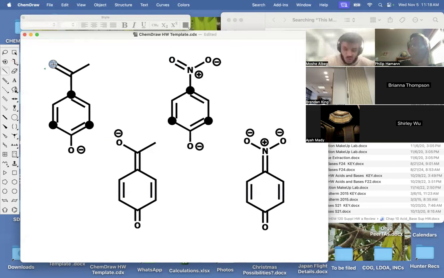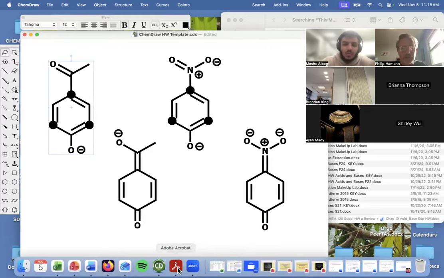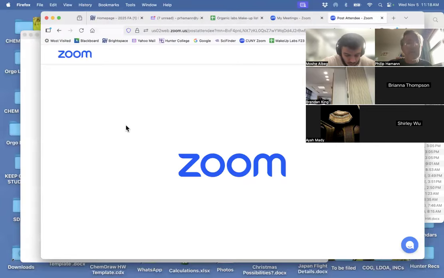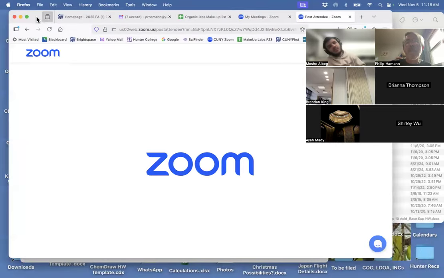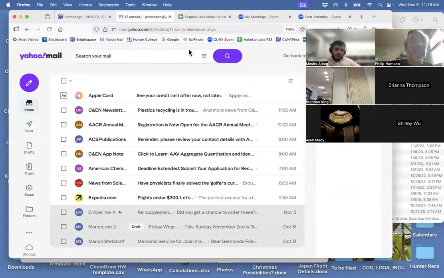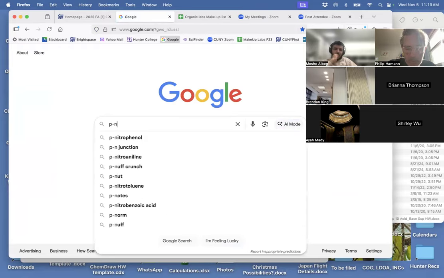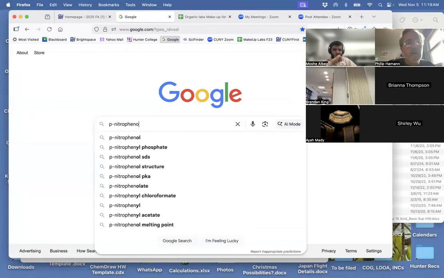This acid, the strong acid, would easily lose a proton and become its conjugate base. Paranitrophenol is not a strong acid, but it's stronger than phenol. Say if we had a reaction with that acid, it would definitely lean towards the forward, because it would easily lose a proton and become a conjugate base.